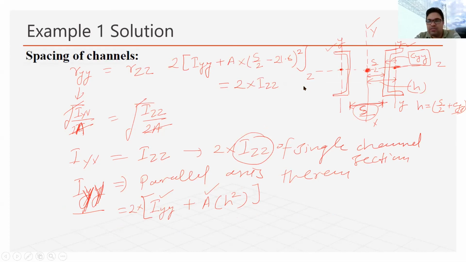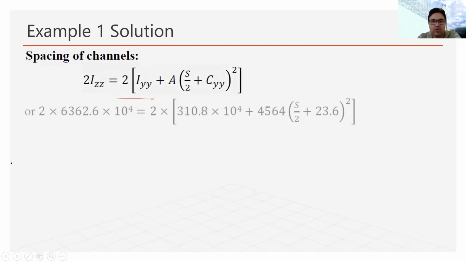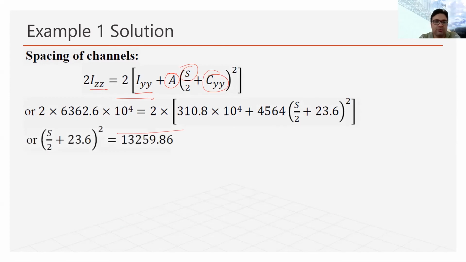So both the IZZ and IYY values we are going to use. The same formula that I explained here is similar to what I have already written. So this is how I arrived at the equation. Putting in all the values, we know IZZ, IYY, the area of cross section of one channel section, and CYY. The only unknown here is S. This S value can be calculated from this equation, and after calculation, the S value is 183.1 mm.